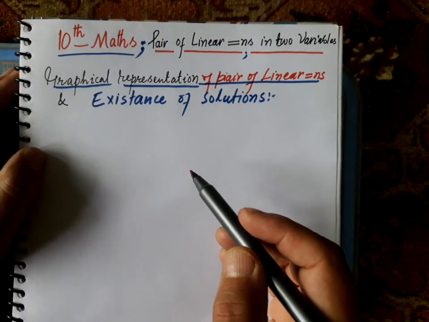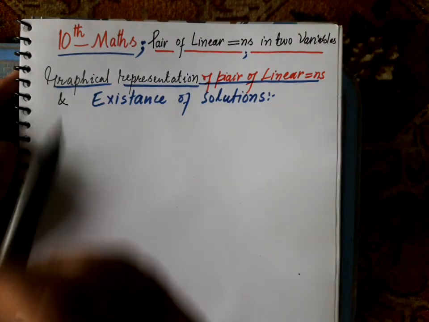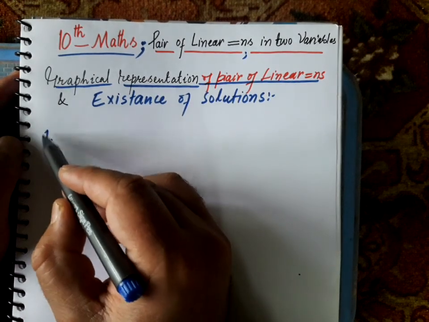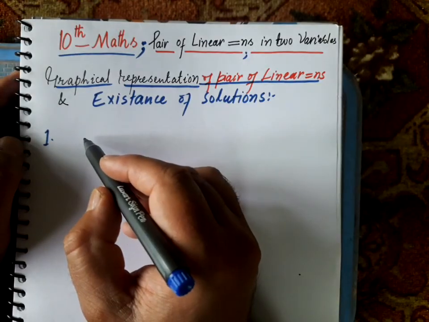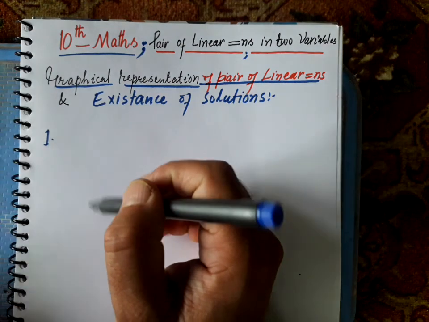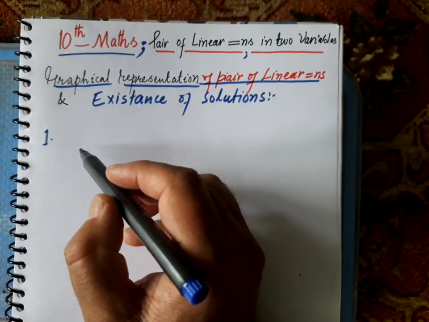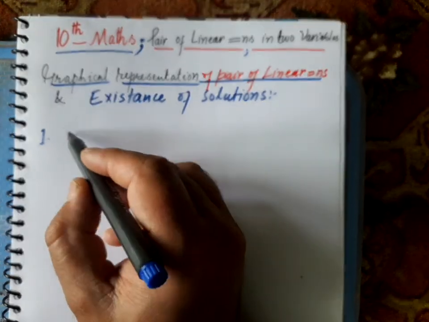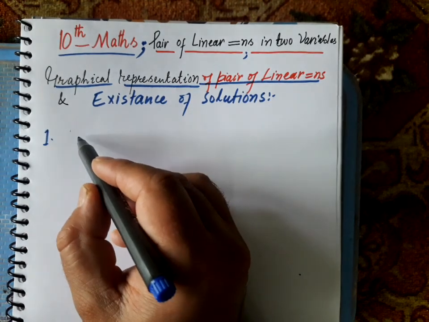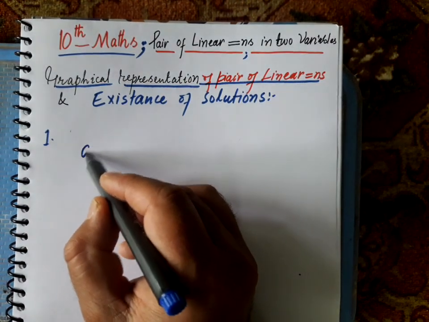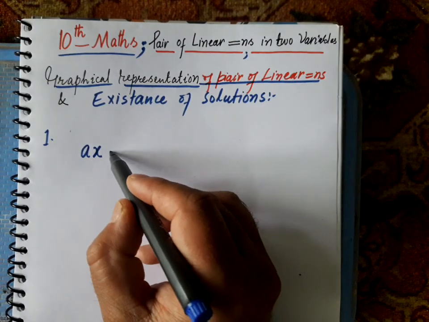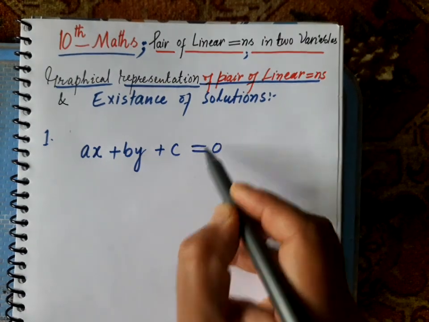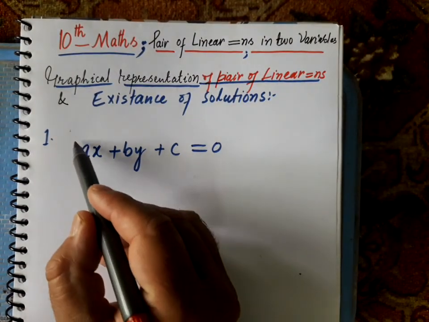Before this, in Class 9th, we must have drawn the graph for a single linear equation in two variables, not a pair. That is, if you have a linear equation in two variables ax plus by plus c equal to 0, it is a single linear equation.